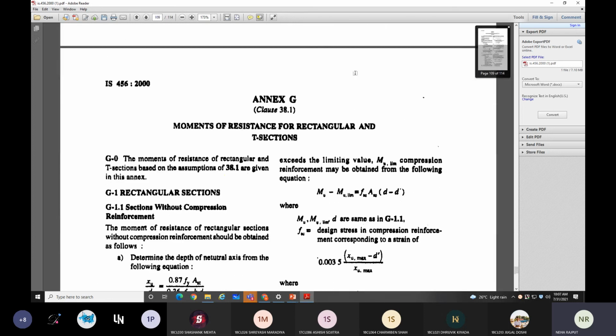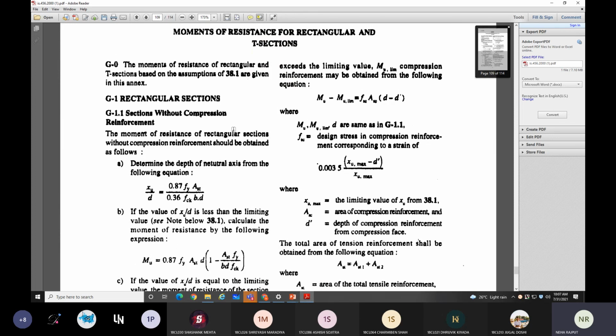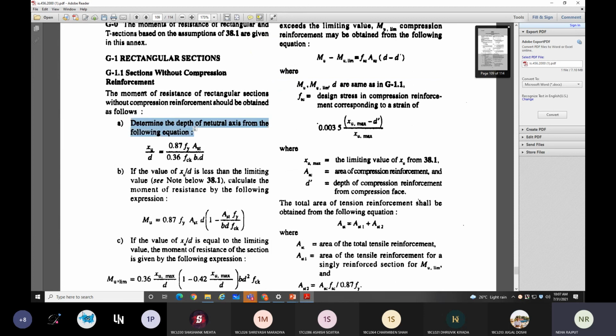Yes, this is Annexure G. You always require this annexure when you deal with beam design. And see, the equation is written over here. Determine depth of neutral axis: xu by d is equal to 0.87 fy Ast upon 0.36 fck b into d.